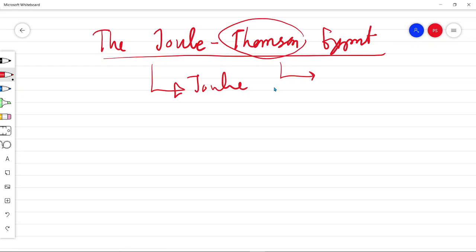Now, this Thomson is nobody other than Lord Kelvin himself, and upon Lord Kelvin's suggestion, Joule repeated the experiment with more refined and more accurate measurement and experimental apparatus, and hence this experiment is called the Joule Thomson experiment.